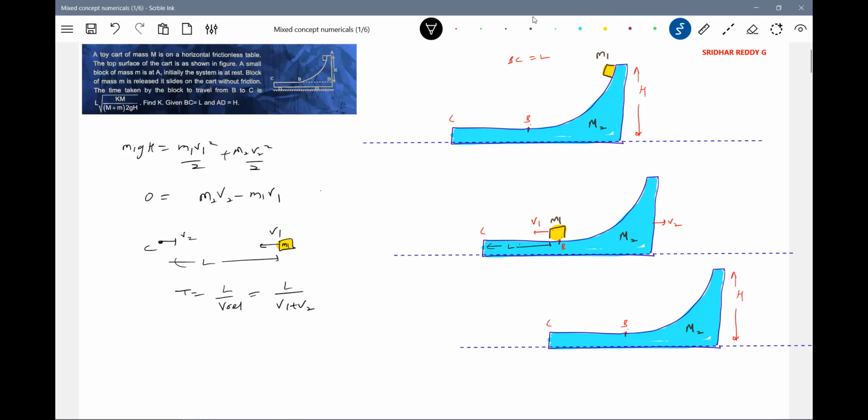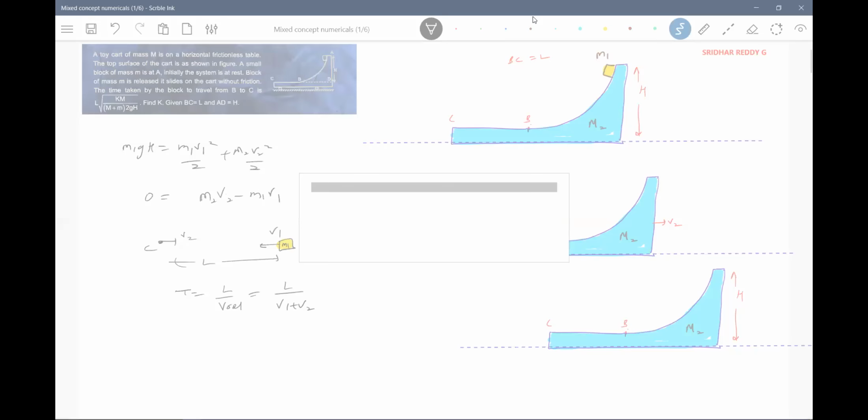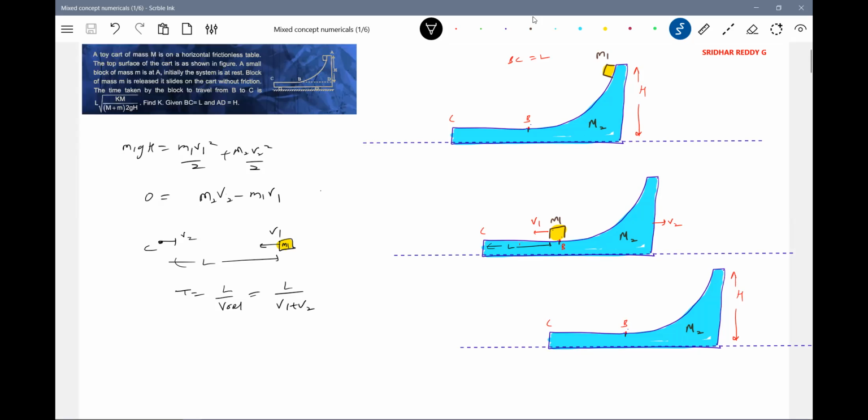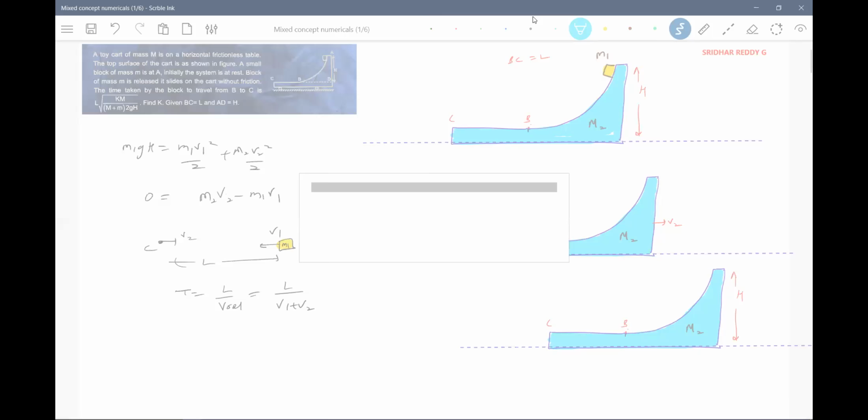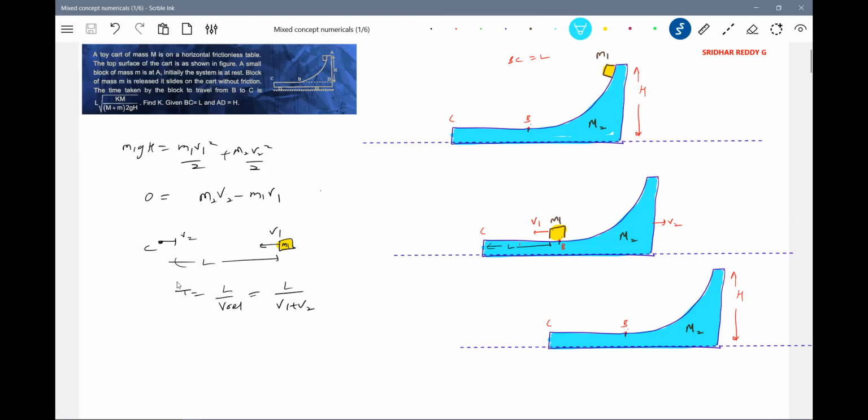So V1, V2, you know how to calculate from here. You'll be shocked, almost 70% students could not do this problem in the grand test when it was given. Just be careful about the small ideas in the final advanced exam.